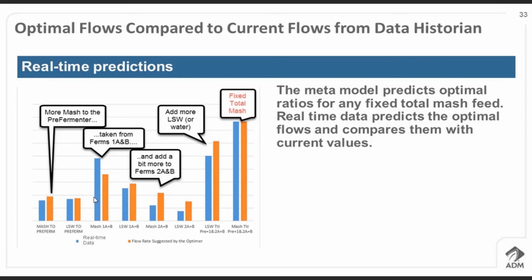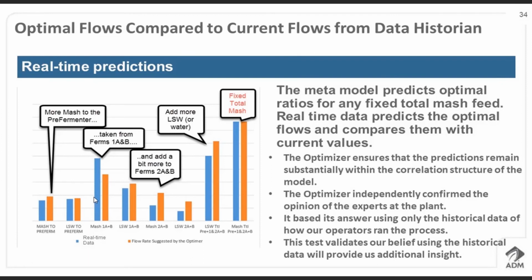So more mash to the pre-fermenter, take some away from fermenters 1, add a little more to fermenters 2, add some more light steep water, and we're doing all this at a fixed total mash flow, which was the only constraint that we put on the system. Again, the optimizer ensures that the predictions remain substantially within the correlation structure of the model.